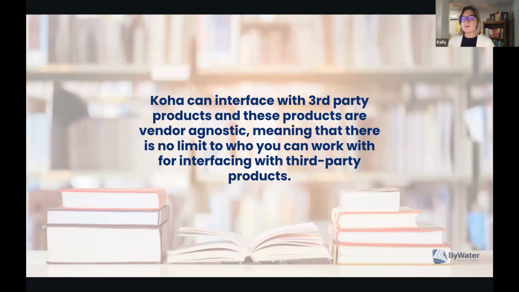Koha can interface with third-party products, and that means that the potential is just limitless on what we can work with. And that's really important to see, that Koha is forward-thinking and looking towards the future and making sure that your library is getting the best it can get within that ILS, but also what can reach your patrons in a different way.